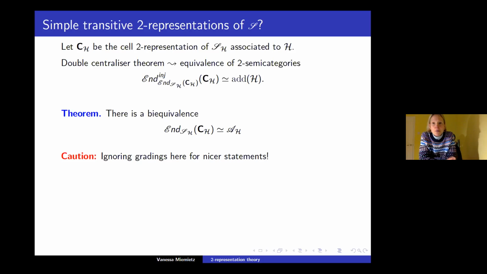Morally, if we work dually with projectives, they would be the ones given by tensoring with projective bimodules. And those are the ones that are given by co-tensoring with injective bicomodules. So it's just co-ing everything.